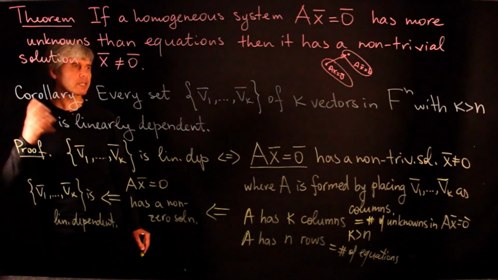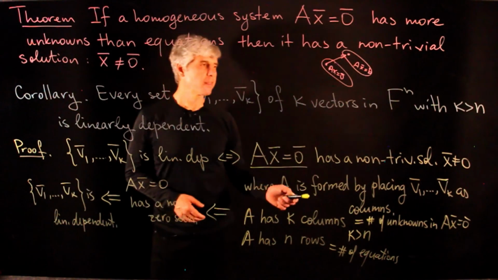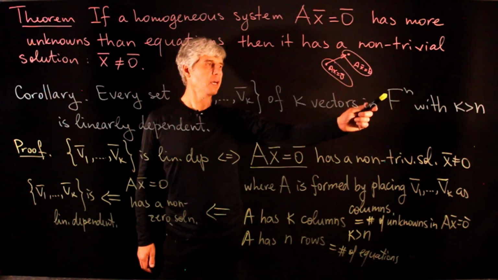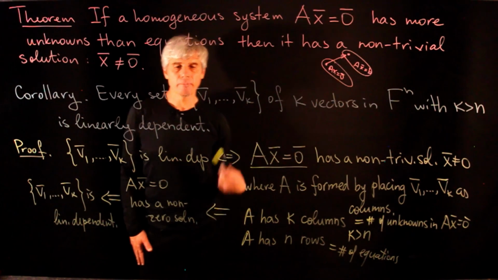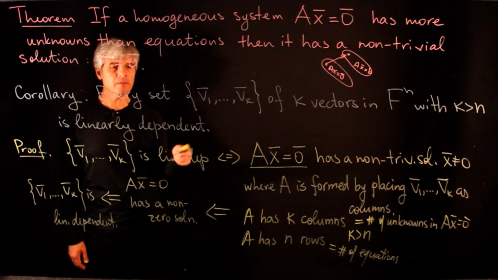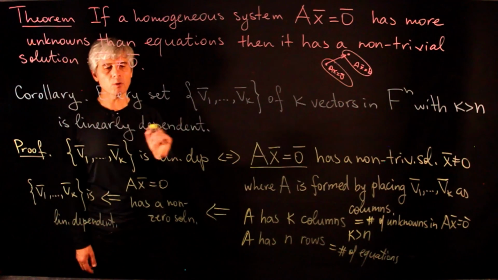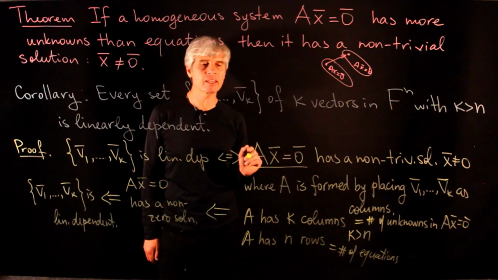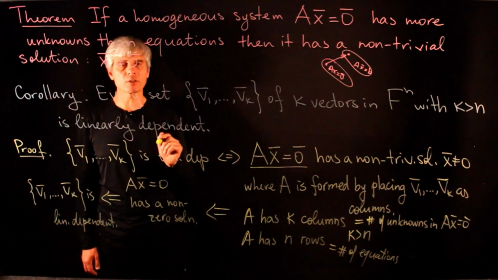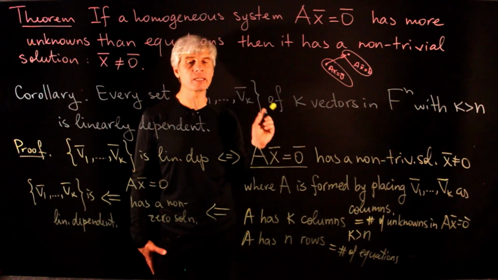Now, this corollary says, for example, that 5 vectors in F3 are linearly dependent. But it doesn't say the opposite, right? So this corollary works only in one direction. It doesn't say that any 3 vectors in F5 are linearly independent.